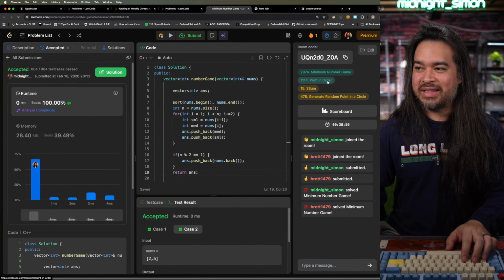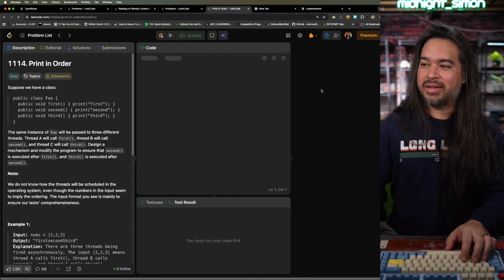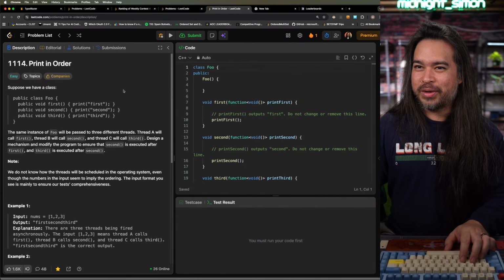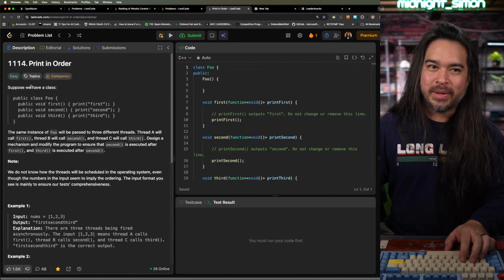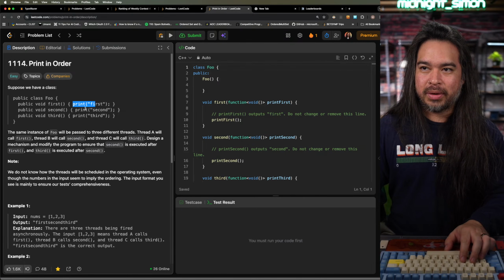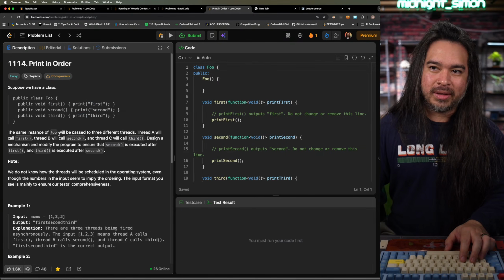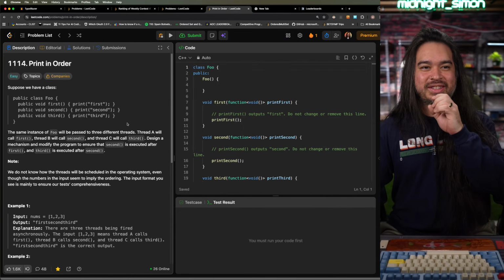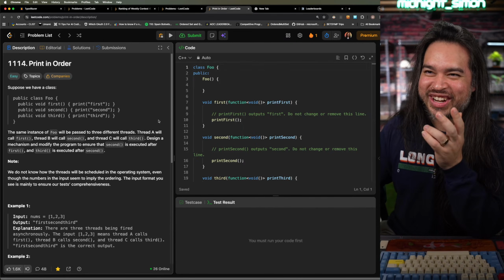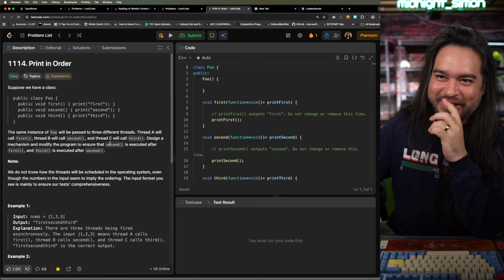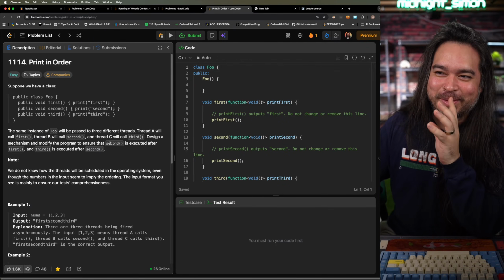Let's do another easy, Q2. Print in order. Suppose we have a class. First, second, third. Print first, print second, print third. The same instance of foo will be passed to 3 different threads. Man, I don't know anything about concurrency. Should I even try this one? I don't think I've ever tried a concurrency problem in LeetCode, but maybe it's a good learning experience for me.